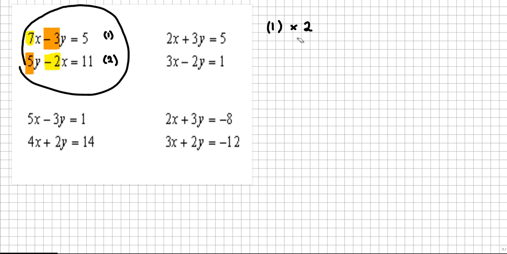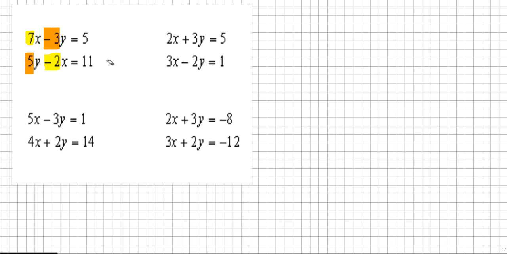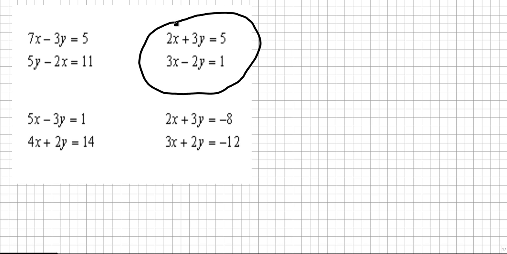Let's have a quick look at the other ones and see if we can find a couple of different ways to balance the coefficients. Let's have a look at this equation. Equation 1, equation 2.